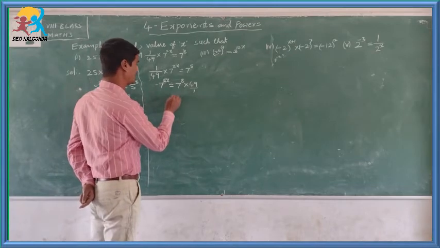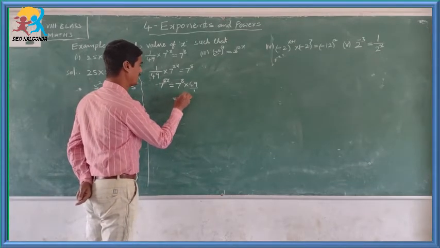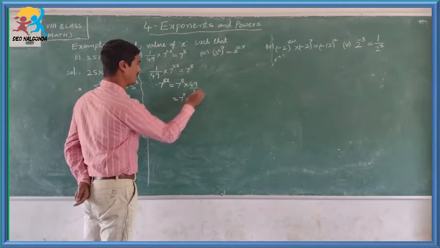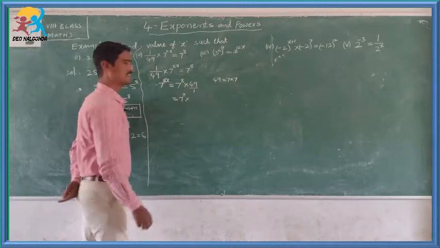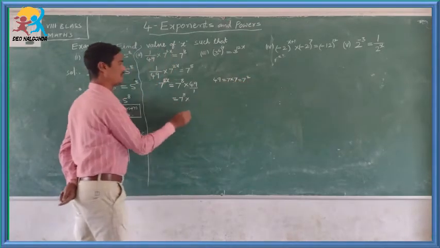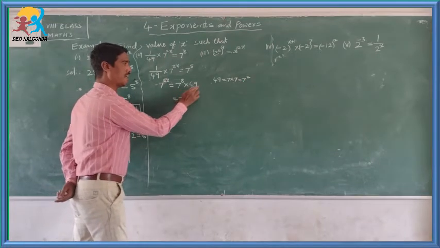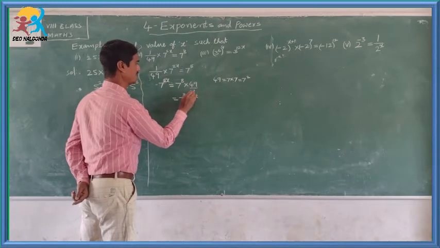So here 7 power 8 into 49. 49 can be written as 7 into 7, which equals 7 square. So I am going to write 49 as 7 square.